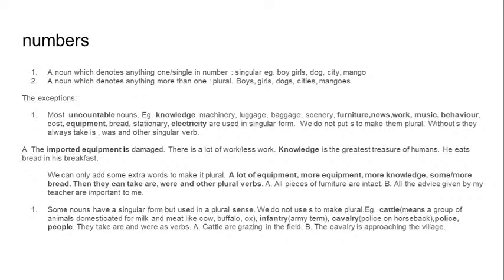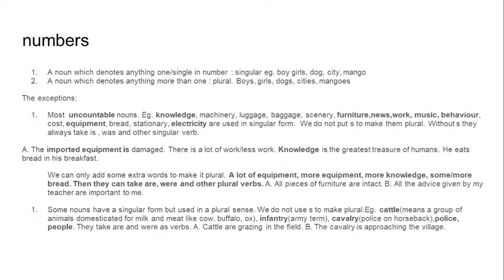And what does that mean? A noun which denotes one. It denotes something single, that is one. Boy, girl, dog, city, mango, like this. So it denotes one boy, one girl, one city, one mango, one dog.